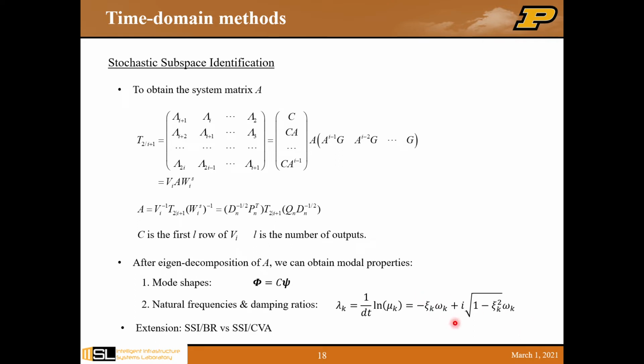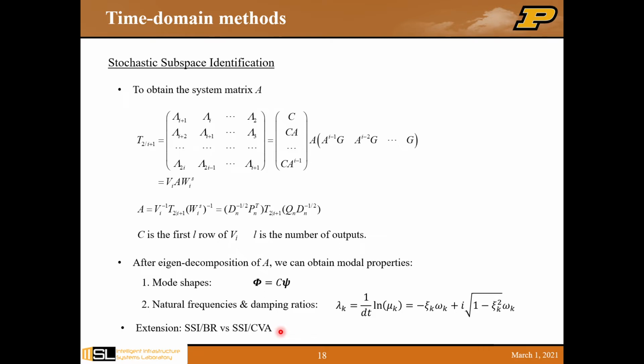There are two variations of the SSI. One is SSI-BR, which I think stands for basic realization, and the second is CVA, which represents canonical variate analysis.